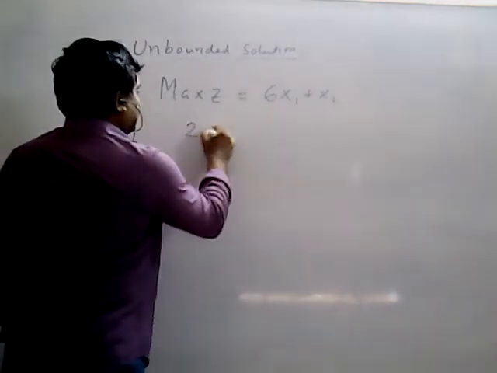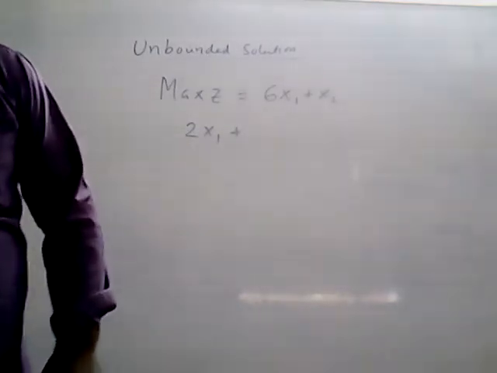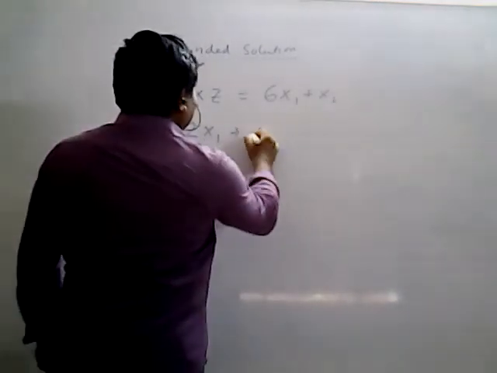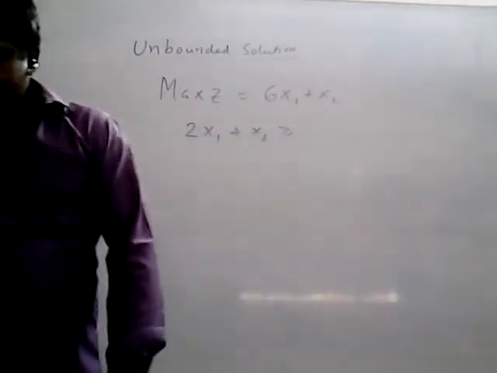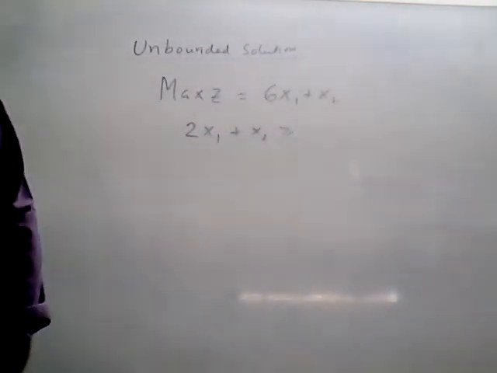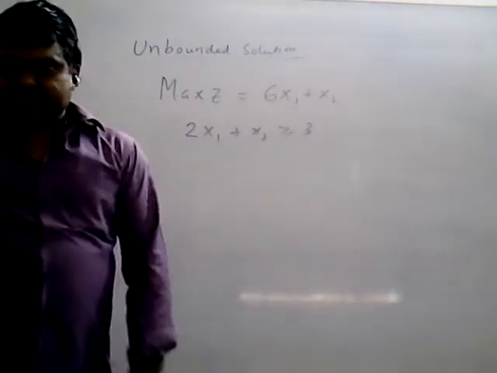The first constraint: 2x1 plus x2 greater than or equal to 3.